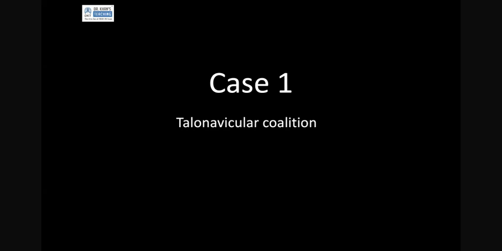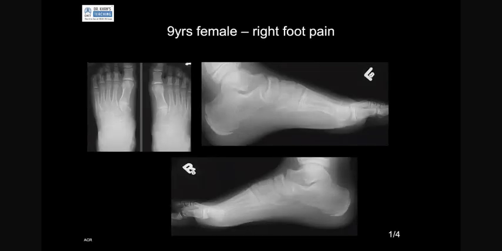They will always start with plain films. And on plain films, the key point to remember is the concept of which views are important. One key point is that on the lateral X-ray, be it of the foot or the ankle, there are always secondary effects at the talus.